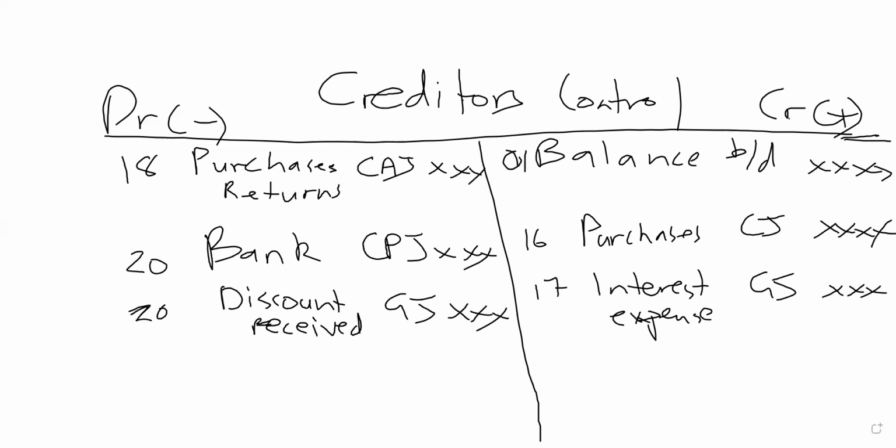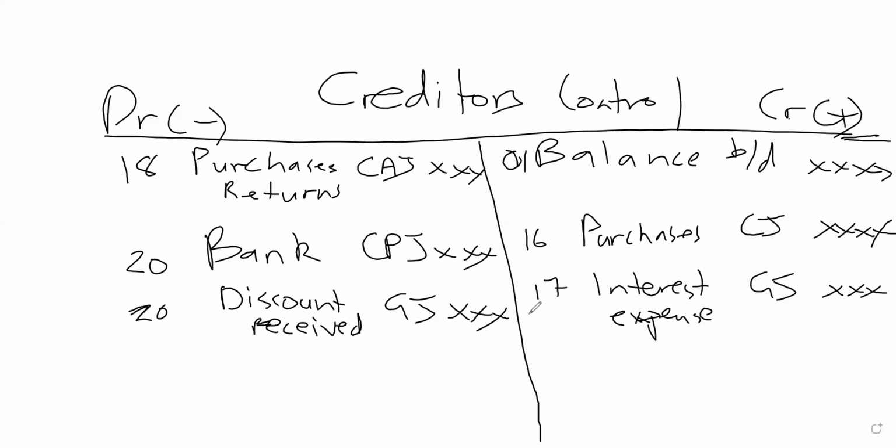And then you do the same drill like what you did with the debtors control, where you compare the total for the debit side versus the total for the credit side to identify what? It's just to identify what? Is it the balance carried down?